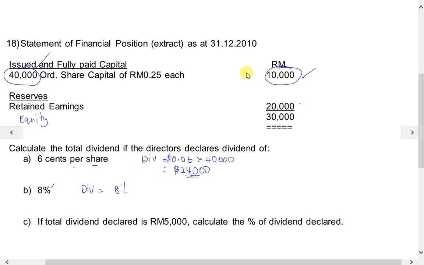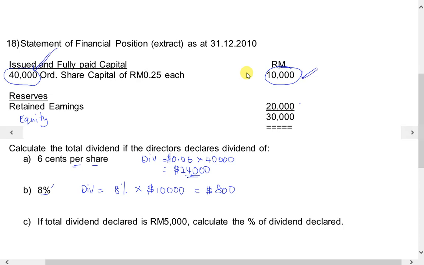We're going to pay them 8%, so it will be 8% times $10,000. So the dividend will be 800. So it can be per share or in percentage. Per share you multiply by the number of shares; percentage you multiply by the value, the dollars.